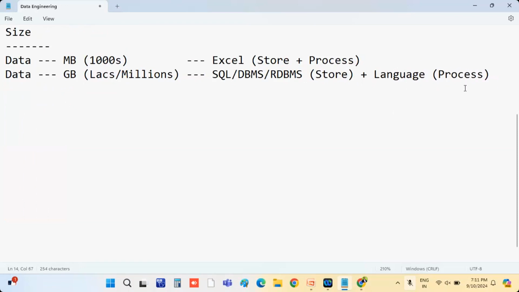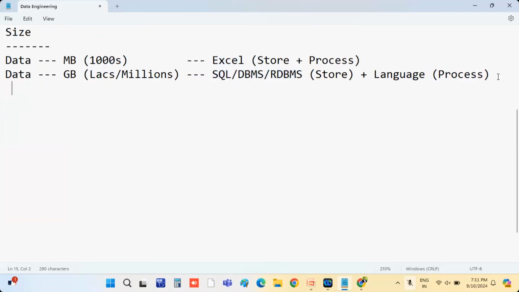So this is where the IT industry is going to be using languages. Clear? Now we are talking about a large amount of data. Let us say every month you're going to get 500 GB or 100 GB of data. That much data I will not be able to store in Excel software. I need to use SQL, called a database management system or RDBMS.